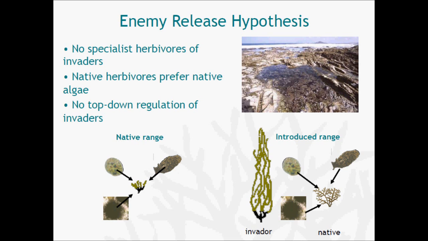So they have specific herbivores on that species, and that's probably why it's controlled there. But when you move one species to a new range, these guys are not there. So what the enemy release hypothesis tells us is that because in the introduced range the native plants have specific herbivores controlling their growth, this one doesn't have anyone, so it can grow more. Okay, so this is basically the hypothesis.